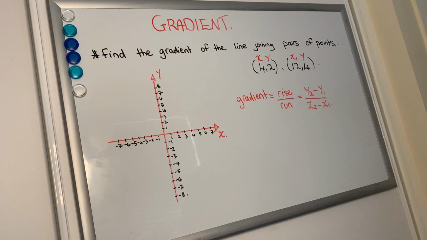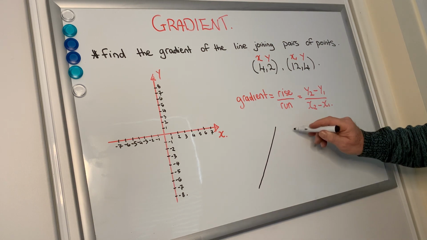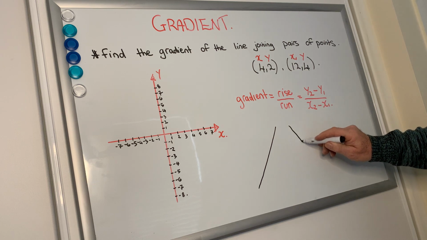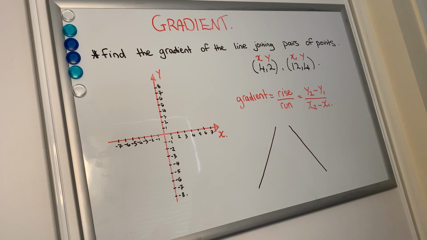So when we're talking about gradient, we're talking about the slope, the direction of the slope, and the size of the slope, or the magnitude as we refer to it.